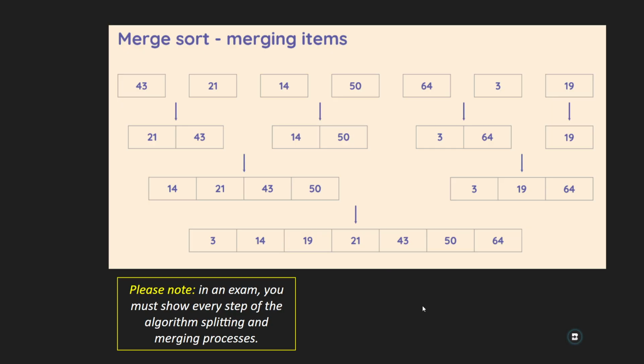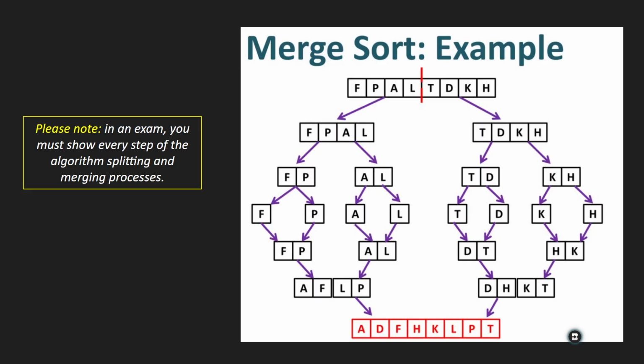So the reason I'm showing you different examples, here is another one. The reason I'm explaining more and asking you to pay more attention is because with this understanding, we are going to write Python code for this merge sort algorithm, right?